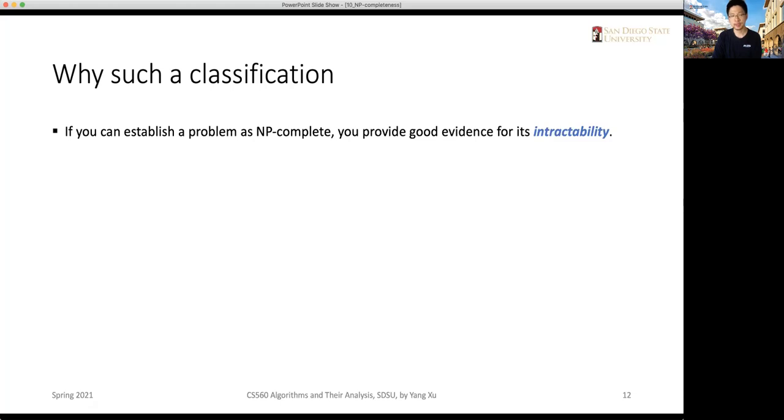Given an unknown problem, if somehow we can establish it as NP complete, then it basically says that it's intractable, right? If we can prove that, or at least find some evidence showing that this problem can be an NP-complete one, then we basically should give up trying to solve it completely.